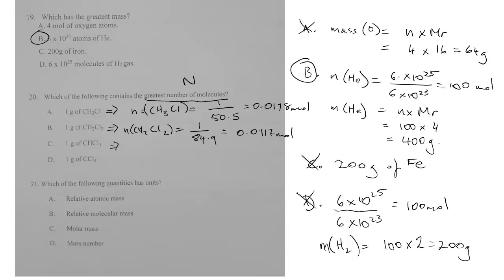You work out this one, you get the mole of the compound as being 1/119.35, which is 0.00837 mole. You know, as the molar mass of the substance increases, the mole will actually reduce.